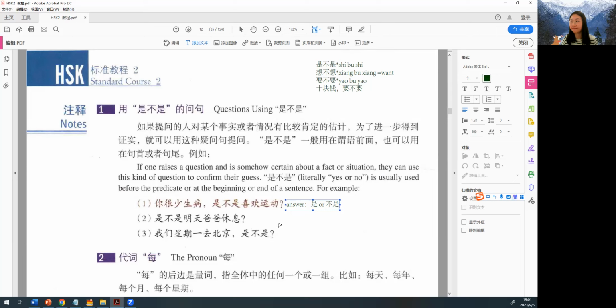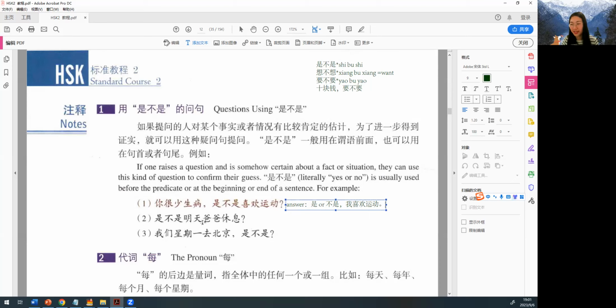So I told you before how the person asks, how we answer. So here we can just follow with 我喜欢运动. Okay, then this is the answer. 运动 means sport. 喜欢 means like to do something, like something. All right, the second question.